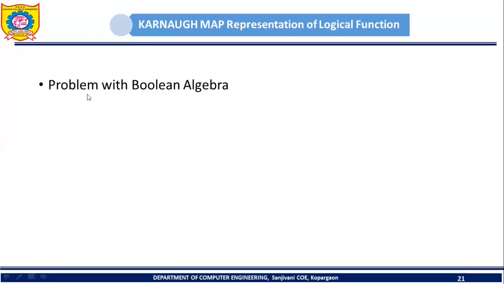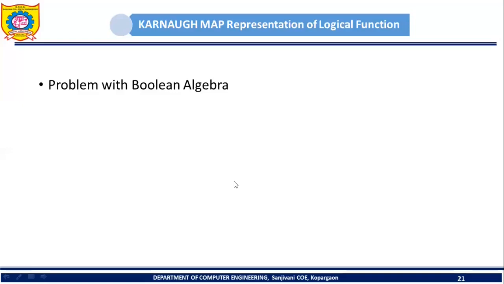So there is one problem with Boolean algebra. If we use Boolean algebra for simplification, what is that problem? If the number of variables present in the function to be simplified goes on increasing, then applying Boolean algebra becomes complicated. We have seen that a Boolean expression can be expressed in SOP form or POS form. In SOP form, a number of product terms are present.